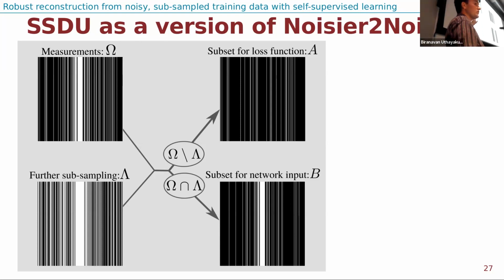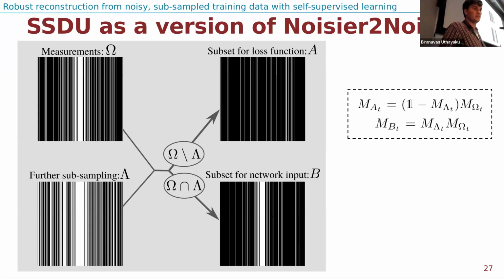If we wanted to partition our omega, we can do this purely with lambda by saying that everything that's in omega but not in lambda goes into the top subset A, and everything that's in both omega and lambda goes into the bottom subset B. So that means that further subsampling exactly defines a partition, exactly the way that SSDU works.